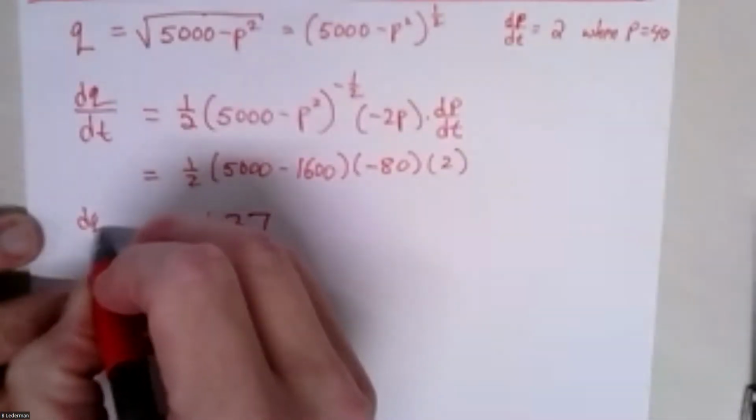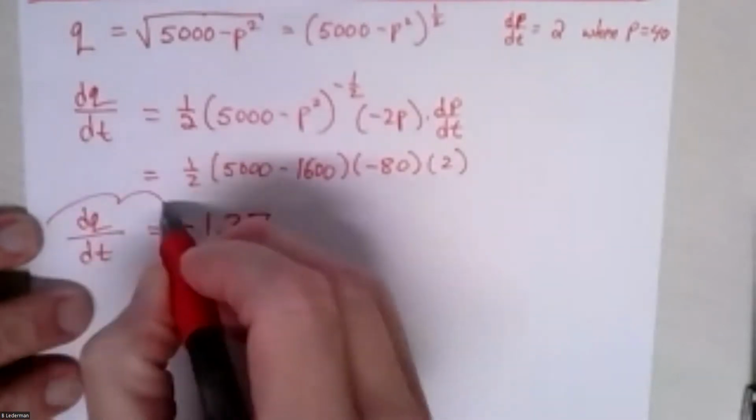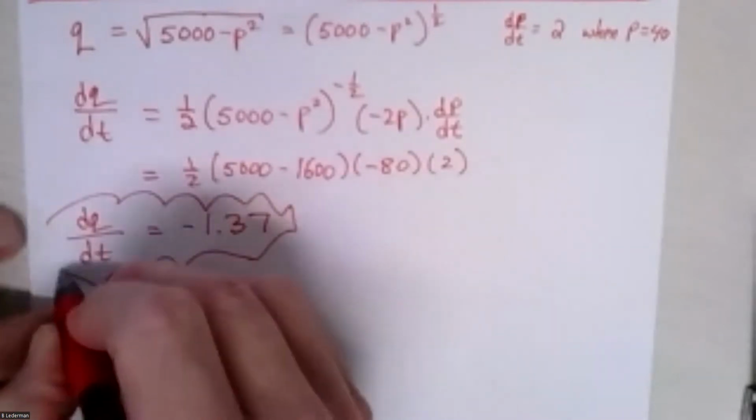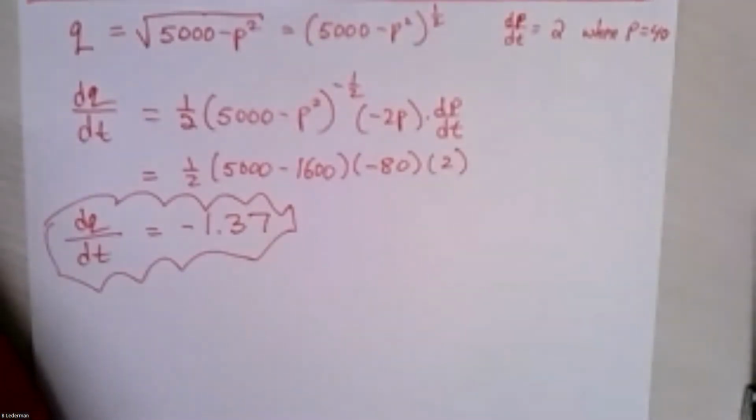So dQ/dt is going to be roughly negative 1.37, which means that the quantity is going to decrease when the price increases at 40.